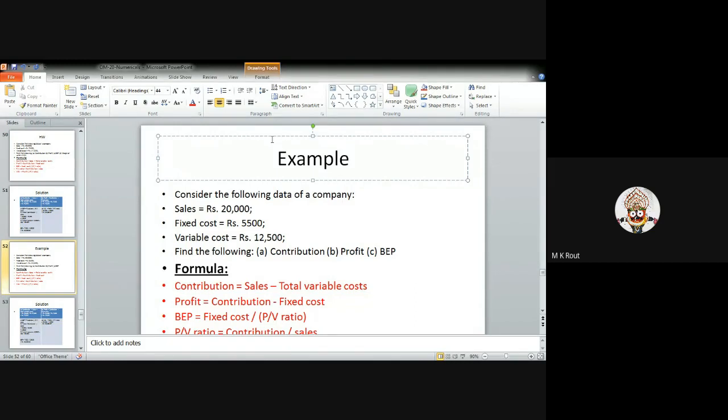Then calculate the profit. 2,000. Okay, 2,000. Before implementing the break-even point formula, you must first calculate the PV ratio, or profit volume ratio. 37.5.